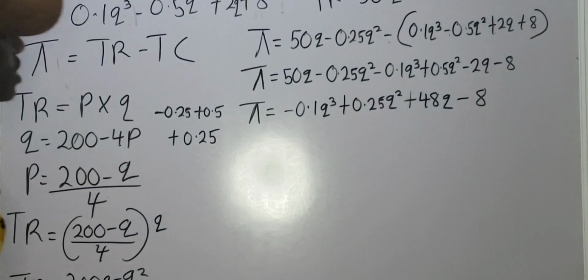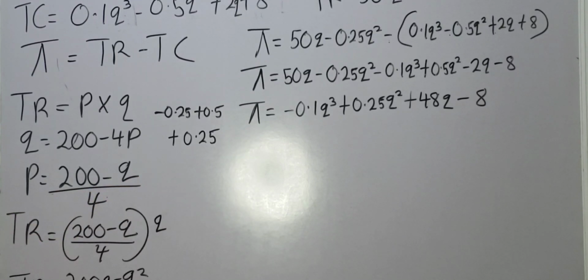Okay. Now let's proceed. This is the profit function. Now, to determine the price that the firm has to sell its product at in order to maximize profit, I have to differentiate this profit function.